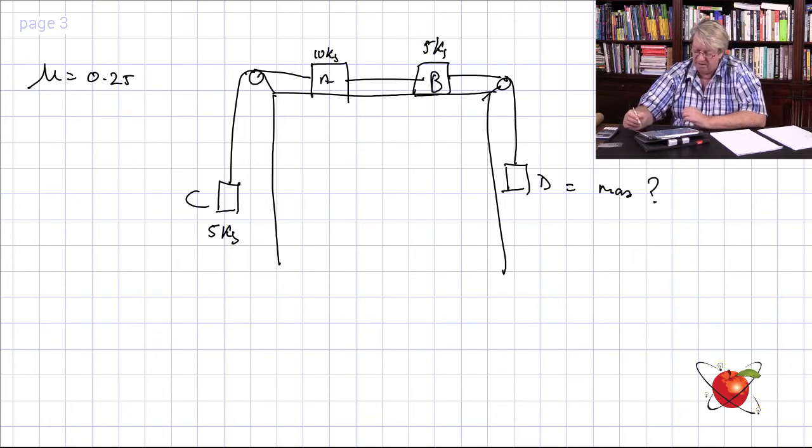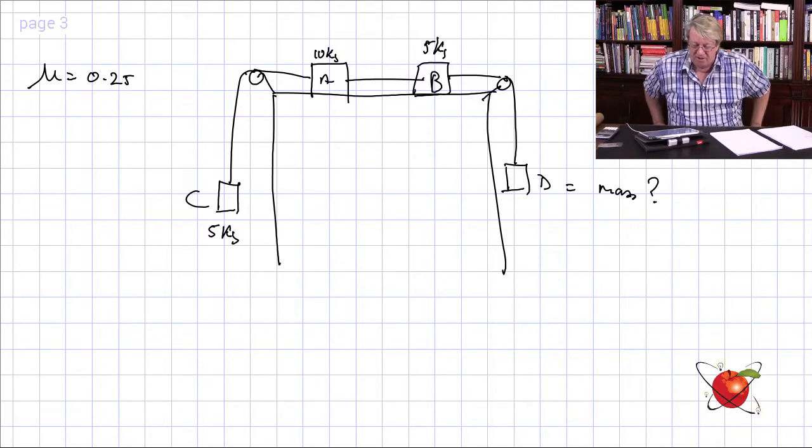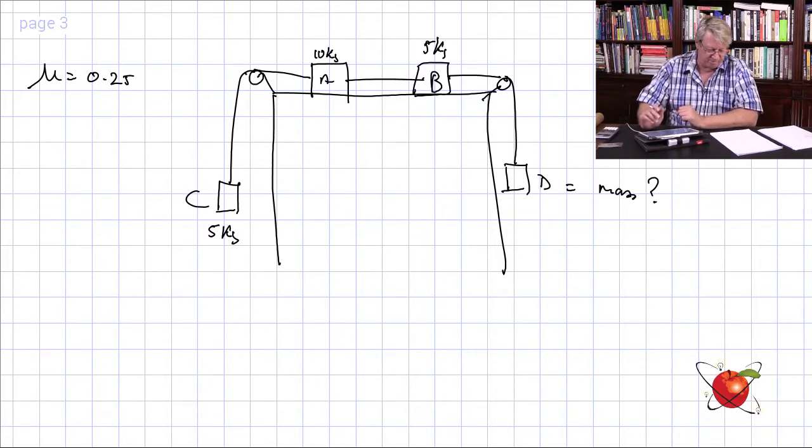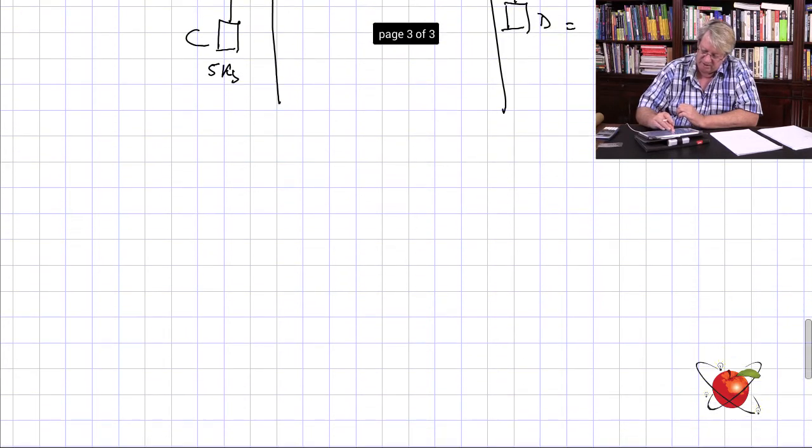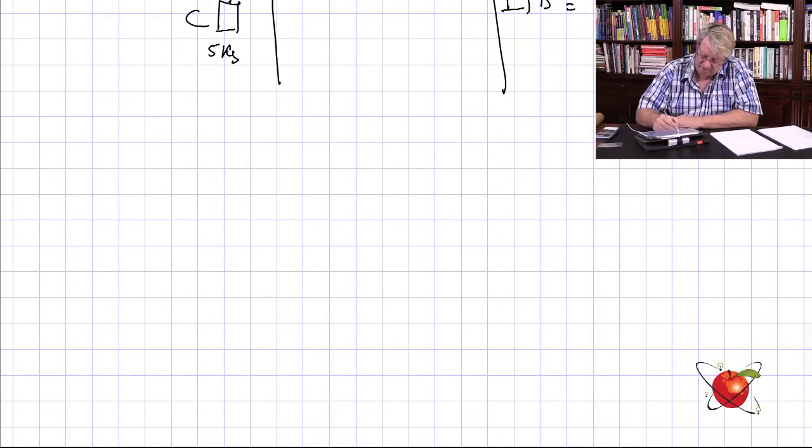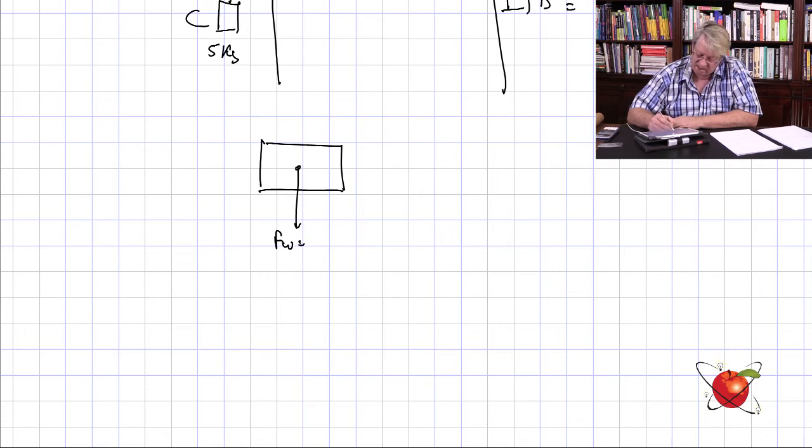So let's just take it step by step. First of all, let's break this down. We put in FW, which is 10 times 9.8, is 98 newtons, and this is block A. We'll take block B over here, draw it a bit smaller, and put in FW, 49 newtons.